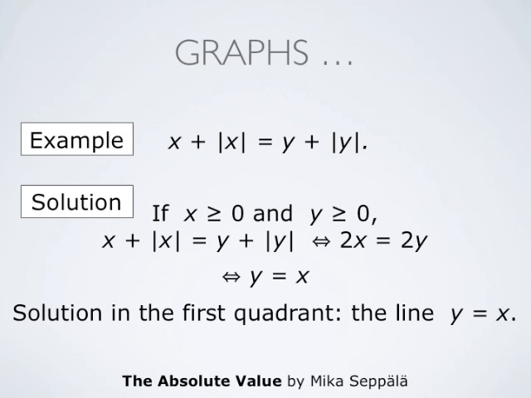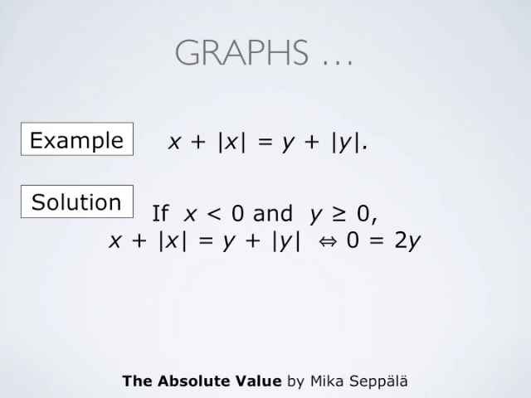So in the first quadrant, that is when x and y are both non-negative, the solution is the line y equals x. In the second quadrant, that is if x is less than 0 and y is greater than or equal to 0, the absolute value of x is negative of x, and x plus the absolute value of x is 0.